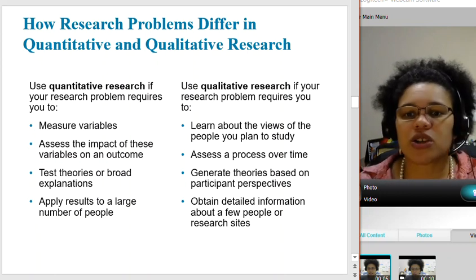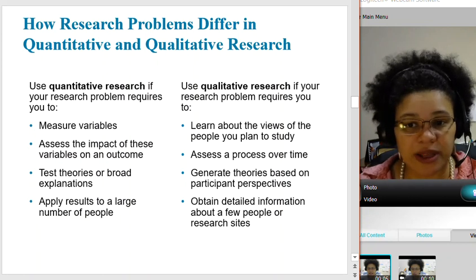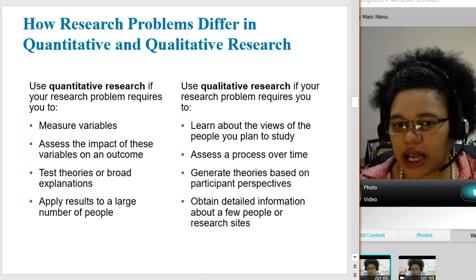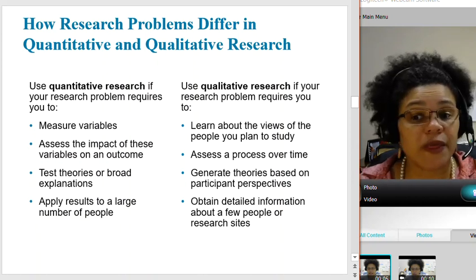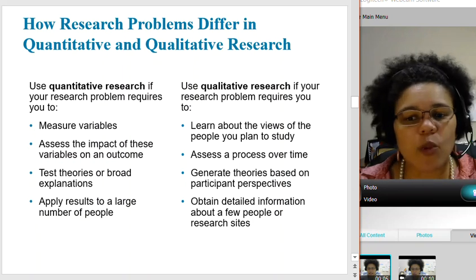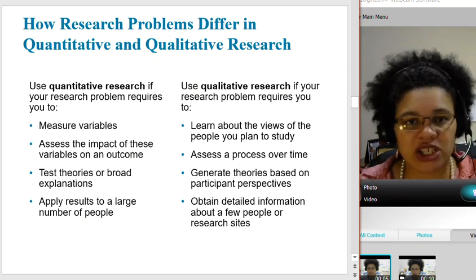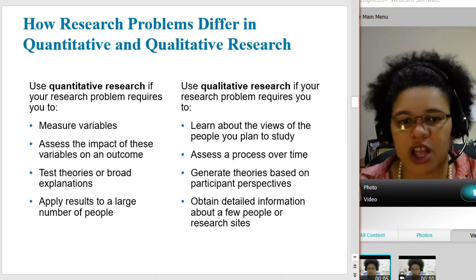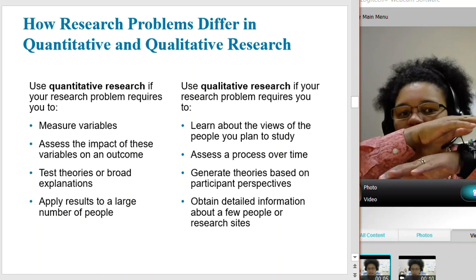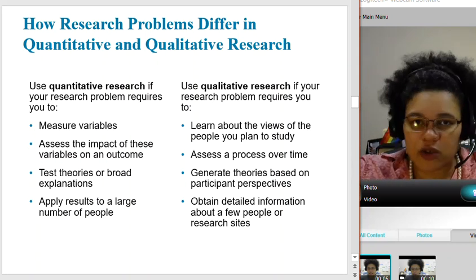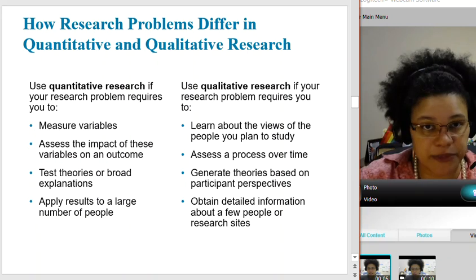Qualitative research, we use qualitative research when we want to learn about the views of the people we plan to study, okay? We want to assess a process over time. We want to generate theories based on participant perspectives, or when we want to obtain detailed information about a few people or research sites. Okay. So one way of thinking of it is that quantitative research tends to be broad and qualitative research tends to be deep.